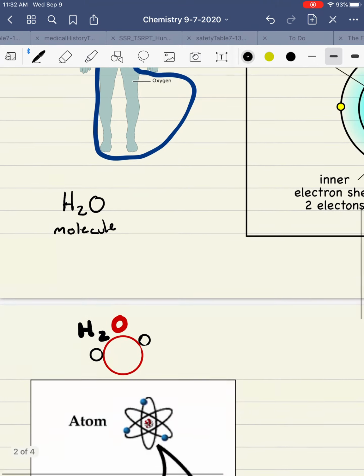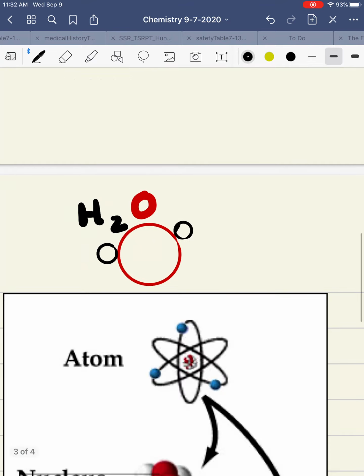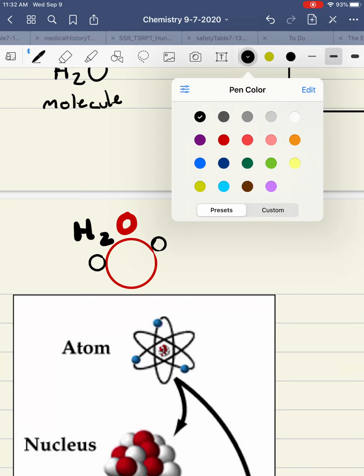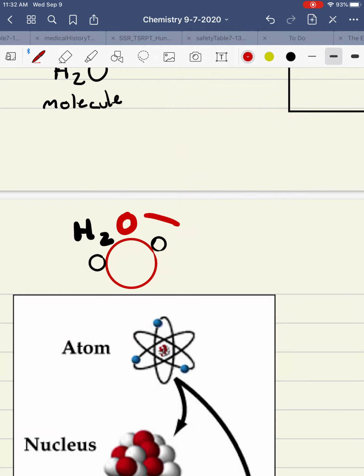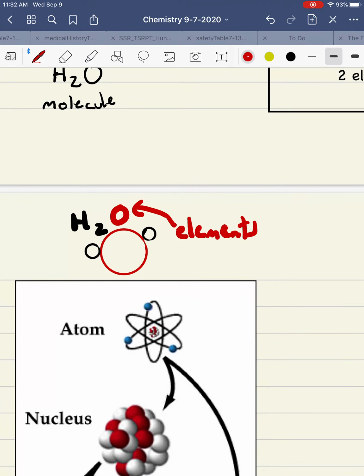If we look at the water molecule right over here, H2O, you have 2 hydrogens and 1 oxygen. If we go even more basic than that, we notice that this element of oxygen can be broken down into something pretty much fundamental.